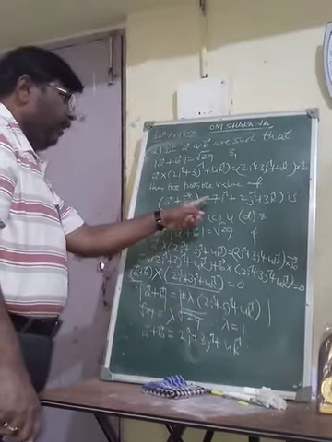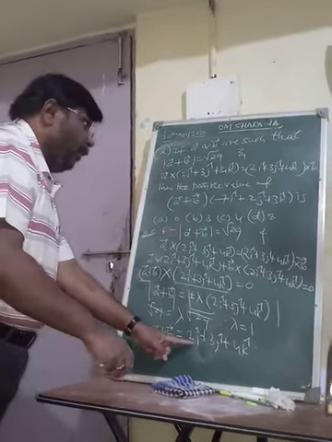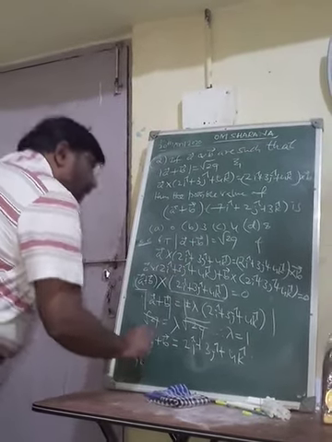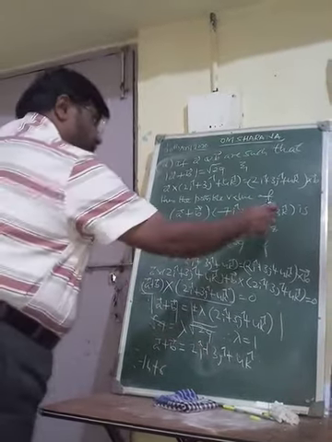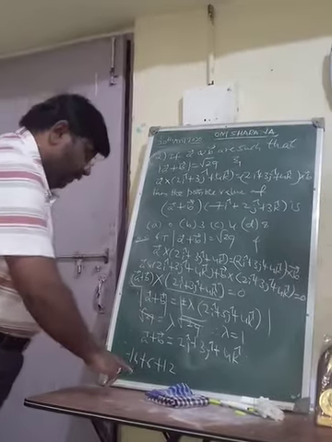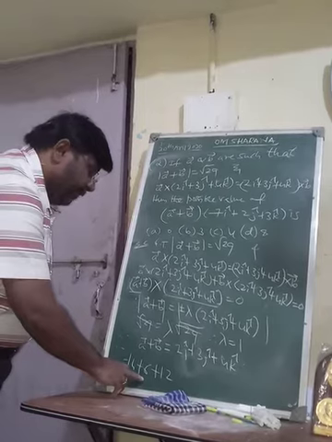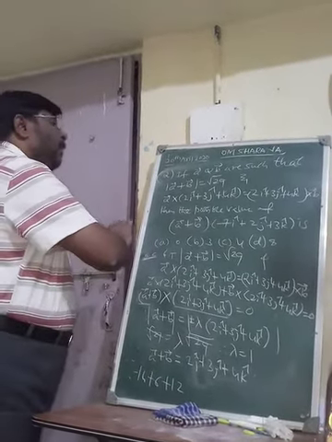Their individual direction ratios should be multiplied. Minus 7 into 2 is minus 14. Next 2 into 3 is 6. Next 3 into 4 is 12. Minus 14 plus 6 is minus 8. Minus 8 plus 12 is 4. The required value will be 4.